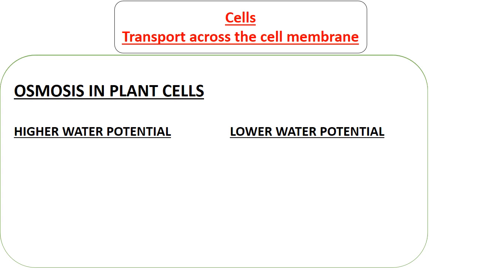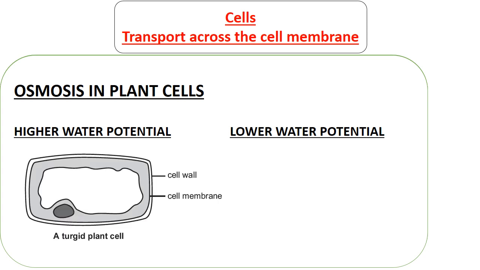So the water is going to move into the vacuole. The result is the vacuole will get swollen. As the water keeps on moving, it will keep on expanding. At the end of the day, it will be pushing the cell membrane against the cell wall. But cell walls are rigid and firm, so the cell wall is going to be pushing back the cell membrane. At the end of the day, we're going to have a plant cell that appears like this.